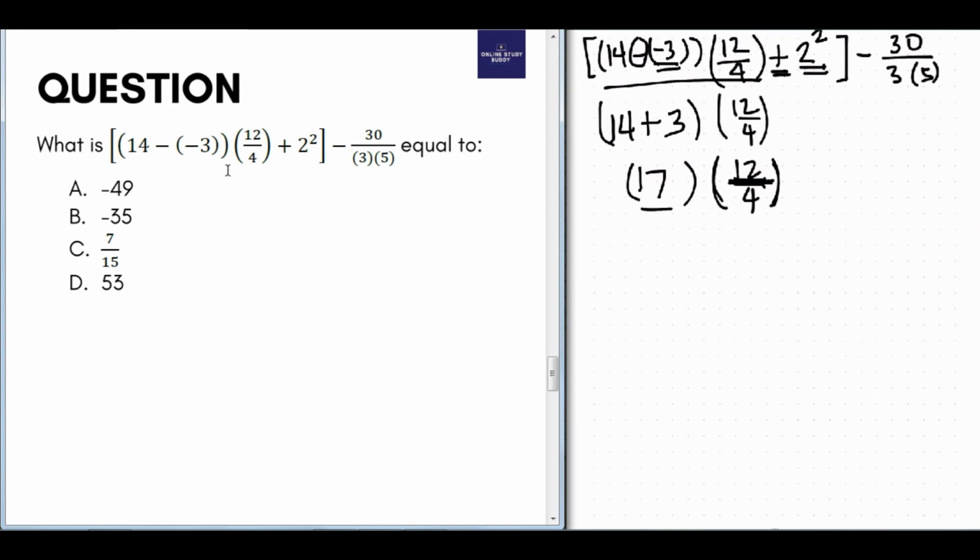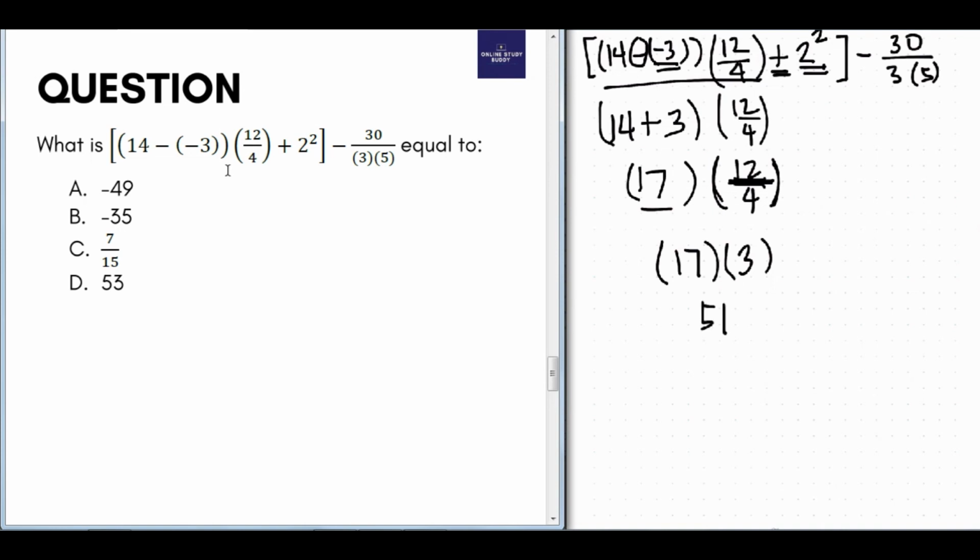So, pwede natin i-perform muna yung 12 over 4 bago tayo mag-multiply to 17. So, if we divide 12 by 4, we will get 3. Tapos, yung 3, siya na lang yung multiply natin sa 17. Kesa, mag-multiply ka ng 17 by 12, baka matagalan ka pa, tapos saka may divide by 4. Mas maliit na number ngayon yung minumultiply natin, which is 17 times 3, which will result to 51.